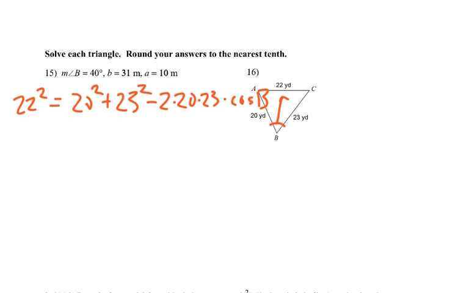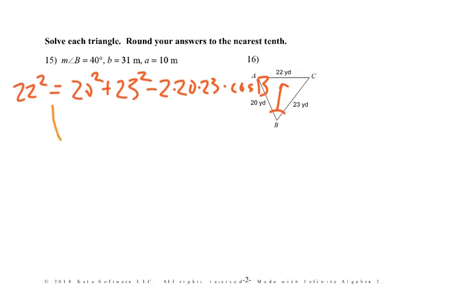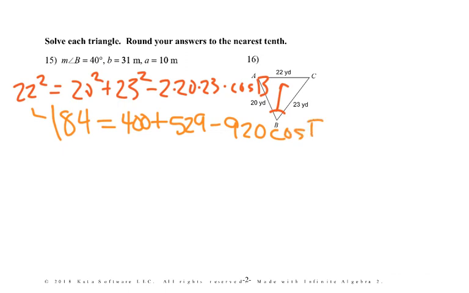okay, is 484. Okay, 20 squared is 400. 23 squared is 529. Minus 2 times 20 times 23, which is 920, cosine of B. Now, this is being multiplied, so I can't just add and then subtract.